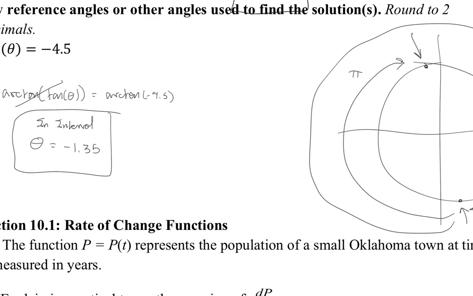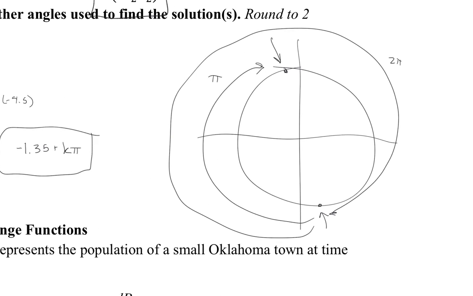So our list of solutions is going to be -1.35 plus k times pi, just because any number of times that we go pi, to the opposite side of the circle or back, it's going to have the same value of tangent.